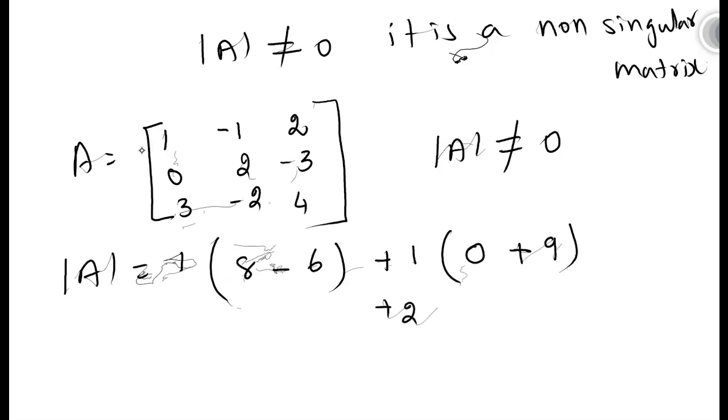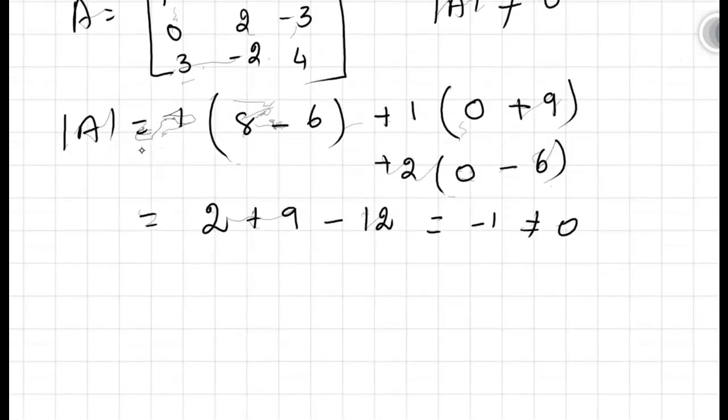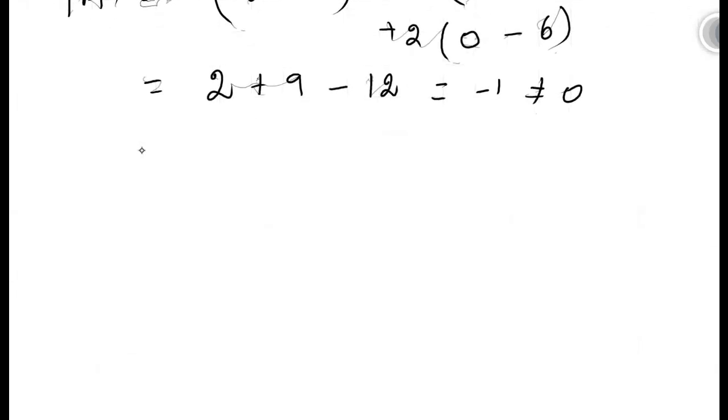And plus 2 into 0 minus 3 2s are 6. So, this is equal to 2 plus 9 minus 6 2s are 12. So, from this it is clear that it is equal to minus 1, which is not equal to 0, hence the inverse exists. Now let us find out the adjoint of the matrix.